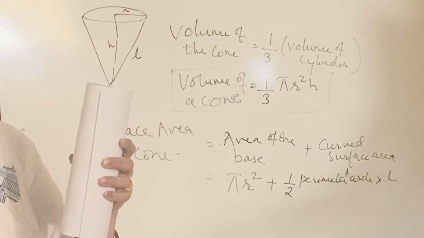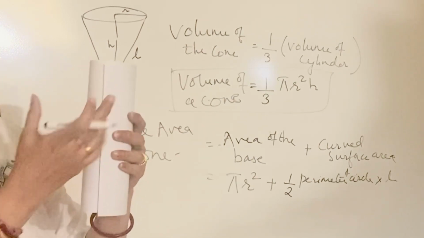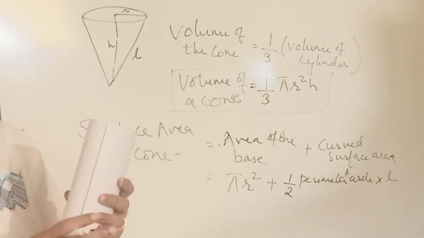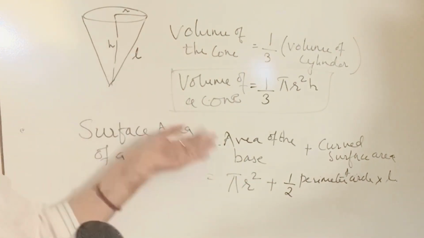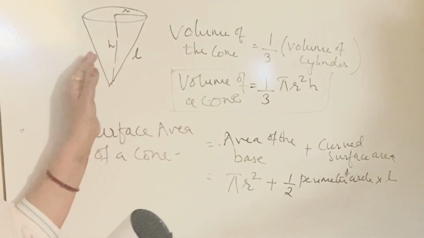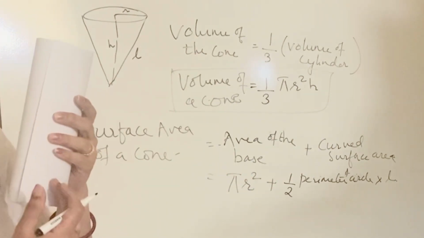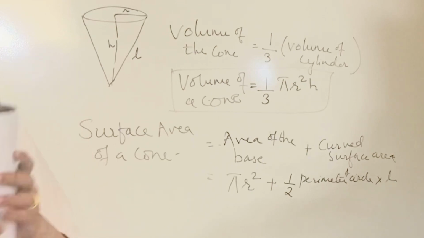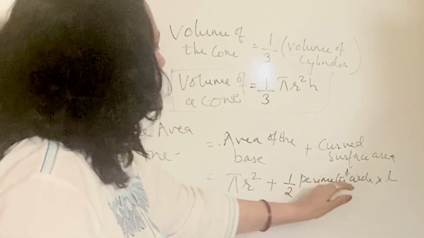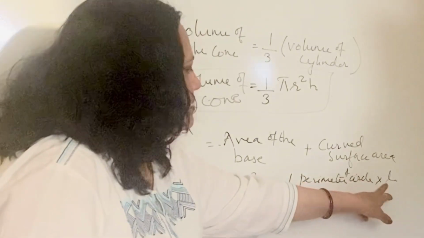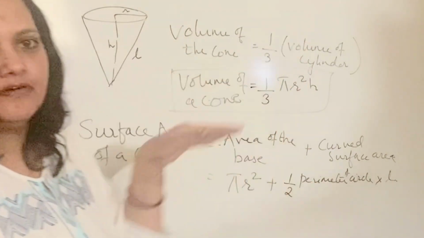You have to imagine that way, that from there it has derived that this curved surface area will be half of the cylinder part, right? So therefore curved surface is half of the perimeter of the circle into this lateral height.